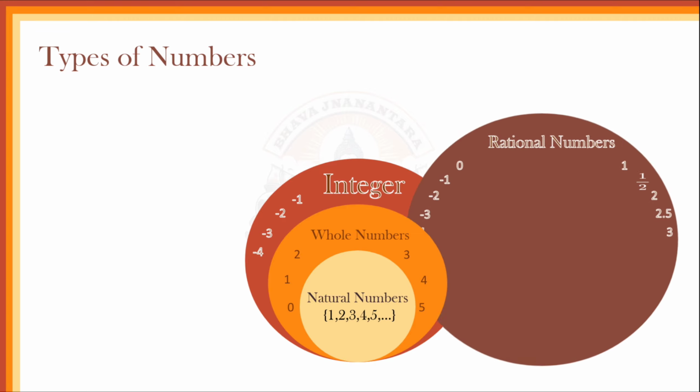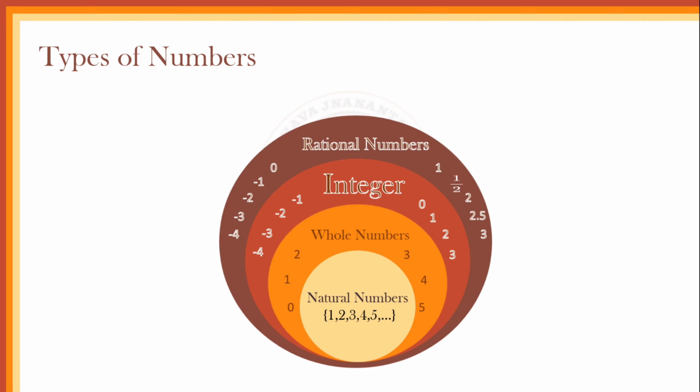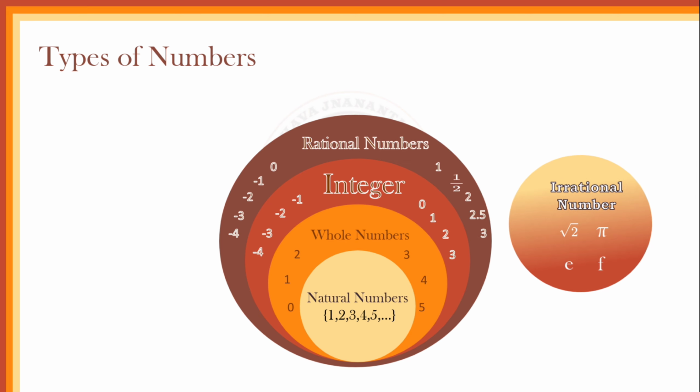And rational numbers come into play when we talk about fractions, where we can express numbers as the quotient of two integers. This includes decimals that either terminate or repeat. On the other hand, irrational numbers like the square root of 2 or pi cannot be expressed as fractions.